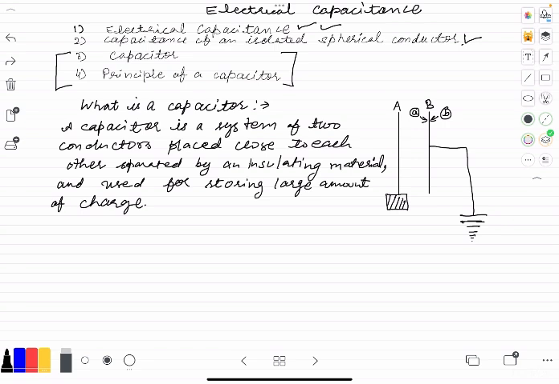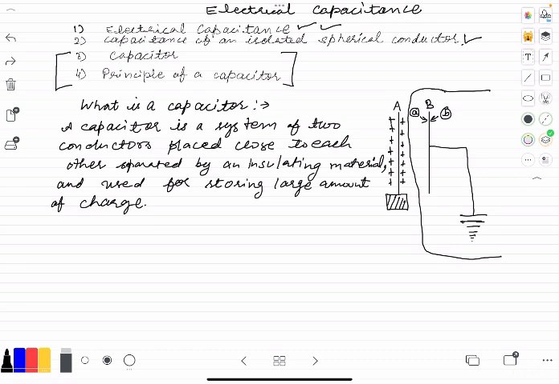Let a charge plus Q be given to plate A and suppose the plate B is not present here. A point will come when the plate A will be fully charged and further charge given to it will leak out. So it has a fixed capacity to store charge.